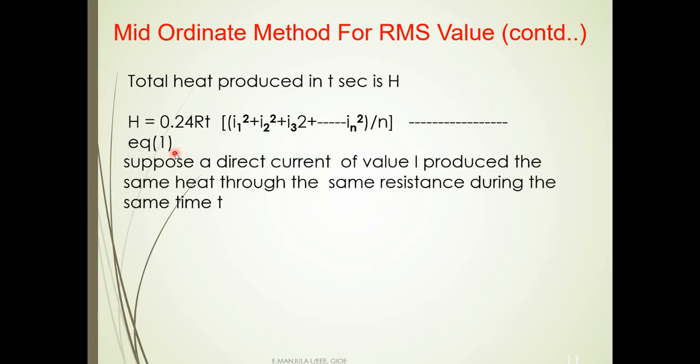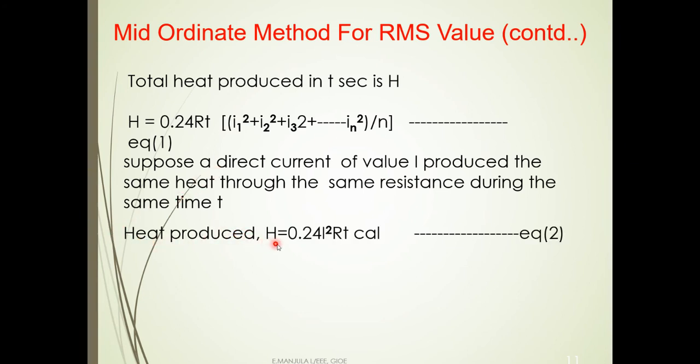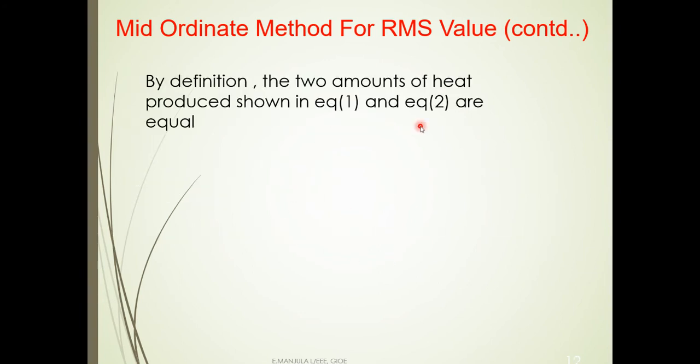Say this is equation 1. Suppose a direct current of value capital I produces the same heat through the same resistance during the same time. Then the heat produced is 0.24 I square R T calories, equation 2. This is for DC and the previous one is for AC. By the RMS definition, the two amounts of heat in equation 1 and equation 2 are equal.